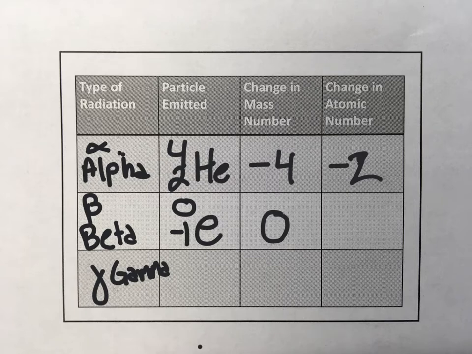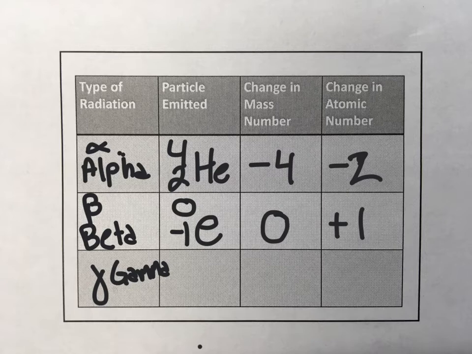However, as it is being emitted, your atomic number will actually go up by 1 because a neutron has converted into a proton, and protons add into our atomic number. So when you lose this electron, the neutron changed into a proton, gaining 1 proton, but remaining the same in atomic mass.